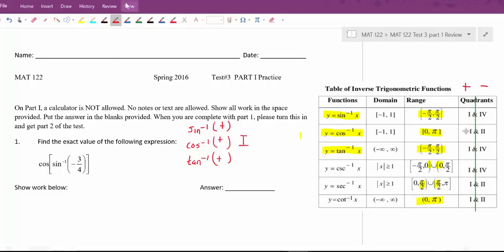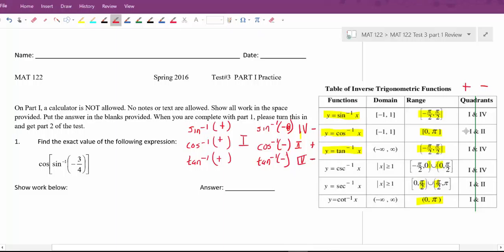So the way it works on an inverse sine, if you do an inverse sine of a negative, you're going to give me a quadrant 4 answer, but you're going to give a negative angle. On an inverse cosine of a negative number, you're going to give a quadrant 2 answer, and it's going to be a positive angle. And on an inverse tangent of a negative, it's going to be just like the sine.